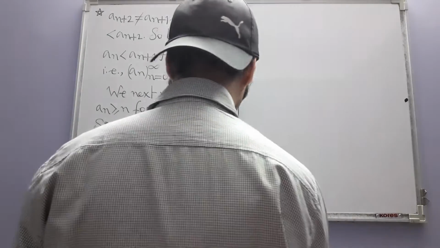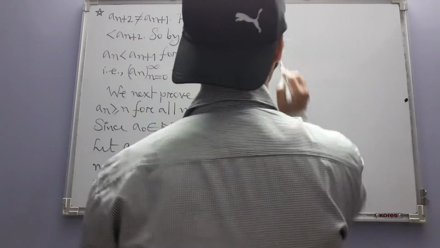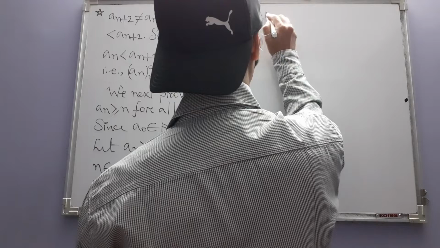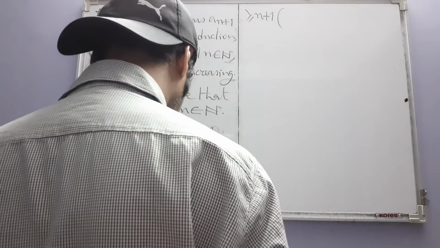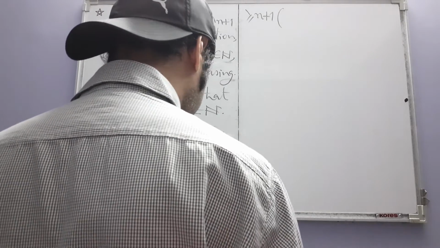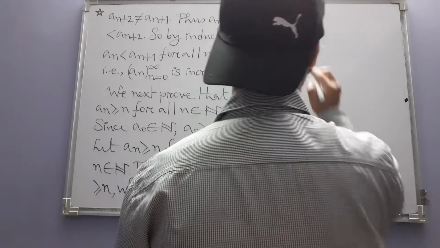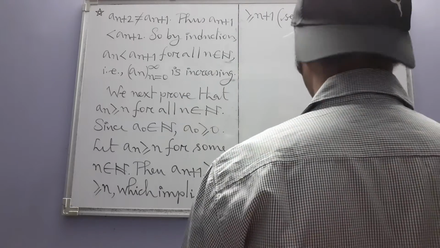This implies an plus 1 is greater than or equal to n plus 1, and this itself also has a justification, of course, and we got this way back when we were developing the system of natural numbers itself.